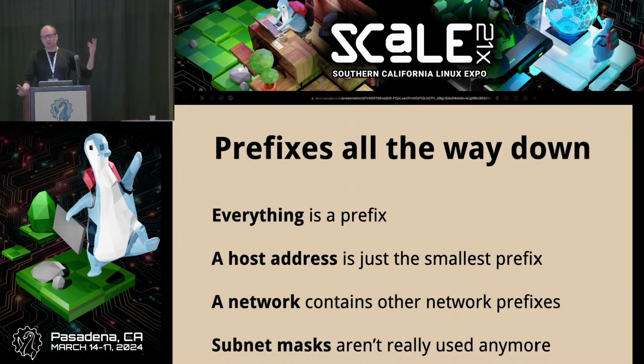In netmask parlance, the host mask or the mask for an IP address would be 255.255.255.255. That means all the bits are filled, right? But we don't really use subnet masks anymore. Most everything these days is just prefixes.